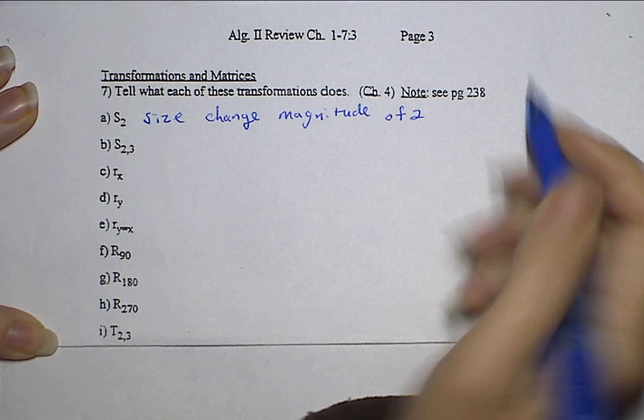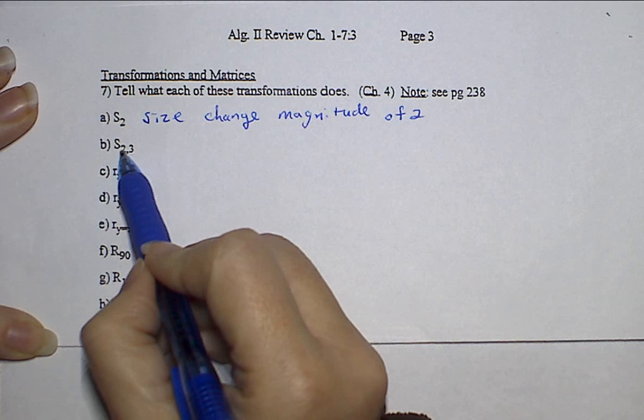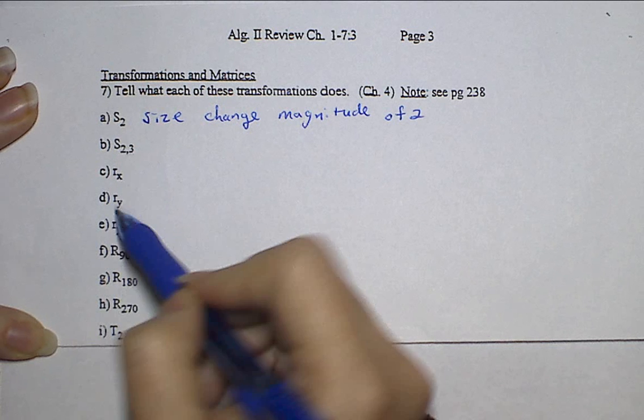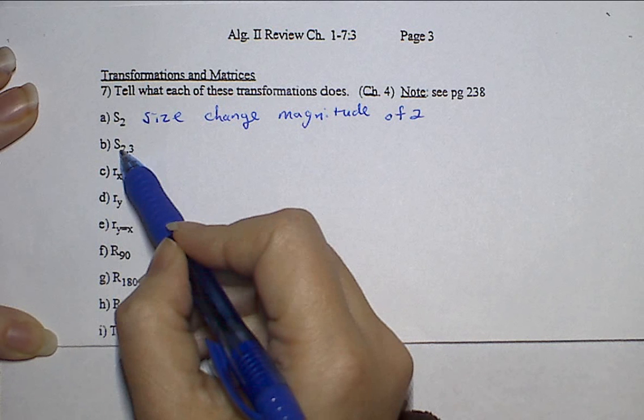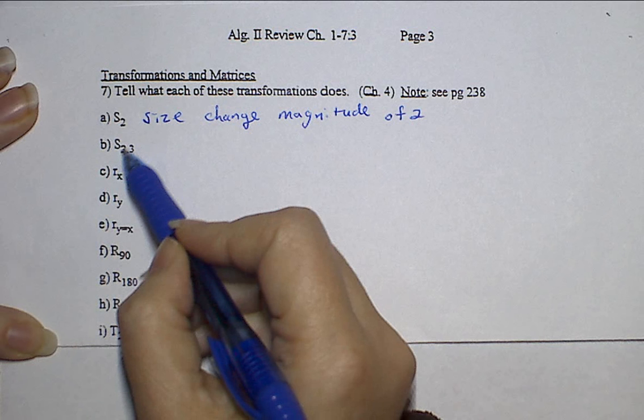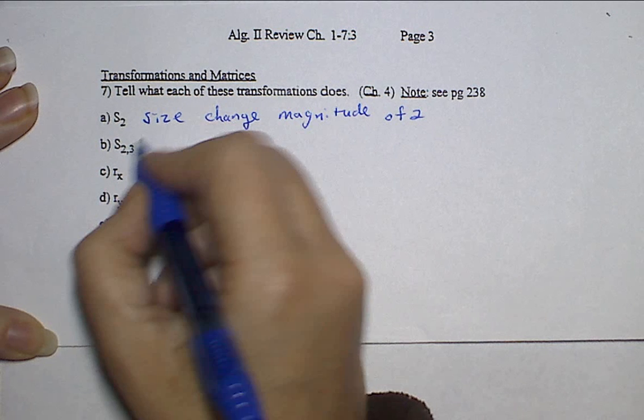Then when we have 2 comma 3, that means that this 2 affects your X and this 3 affects your Y. So that means that your X's will be multiplied by 2 and your Y's will be multiplied by 3. So this is called a scale change.